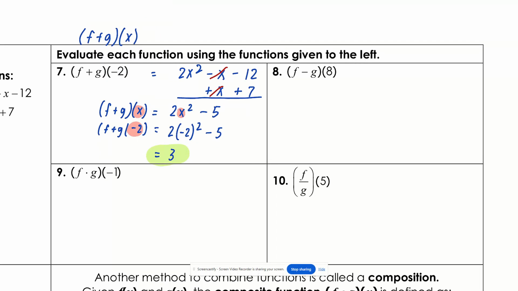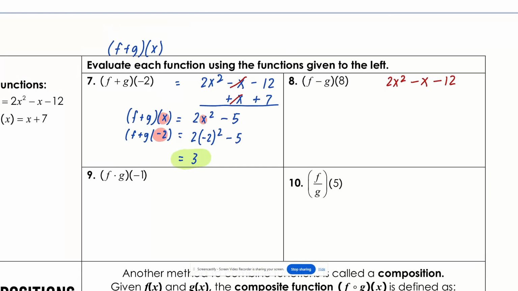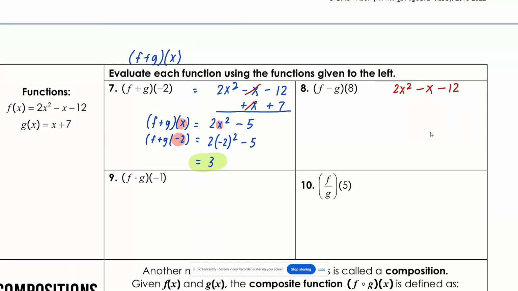Let me do number 8. I'm going to take f of x, which we already said is 2x squared minus x minus 12. But this time I'm going to subtract g of x, okay? I'm subtracting g of x. Well, remember, subtracting means these signs change. So that's going to change to a minus x, and that's going to change to a minus 7.